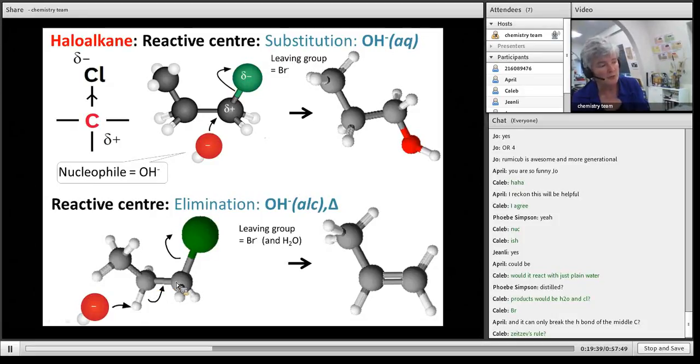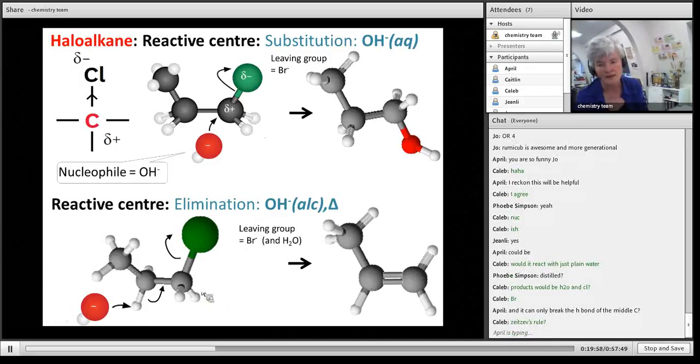If, however, it was in the middle, say I had another methyl group over here, then it could take from this side or from that side. And then yes, you'd start applying Zaitsev's rule, where the carbon with the least number of hydrogens loses the hydrogen. So, April, have I answered your question?